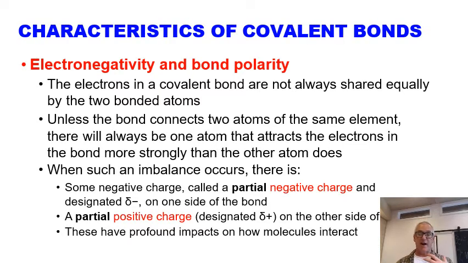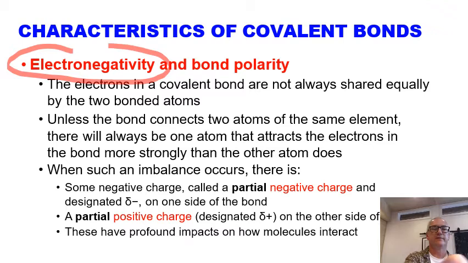So let's look at some of the characteristics of covalent bonds. This is the really interesting part of chemistry, where you learn that the shapes of the molecules are really, really important for how they react chemically and physically. So we're going to learn about something called electronegativity. I've vaguely referred to it a little before.